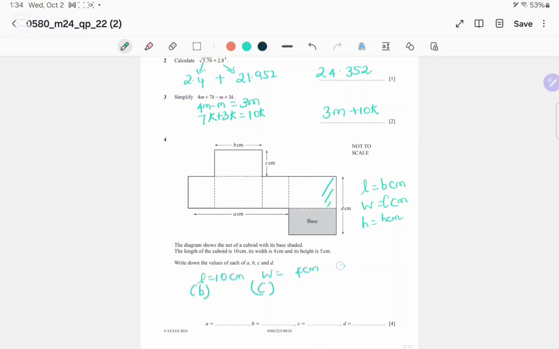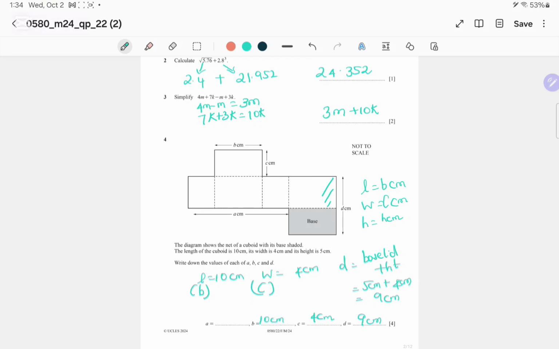Now we will calculate D, which includes the base plus the height. The base lid cover, plus the height: height is given 5 centimeters plus the lid cover height 4 centimeters, so totally 9 centimeters. D is 9 centimeters, C is 4 centimeters, and B is 10 centimeters.